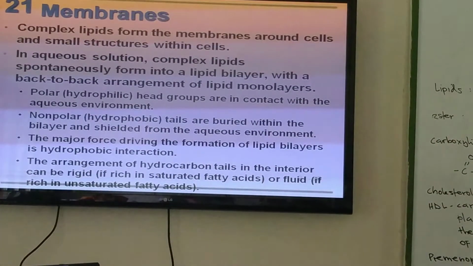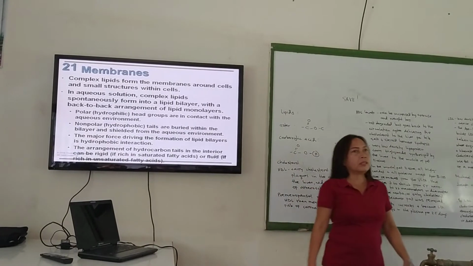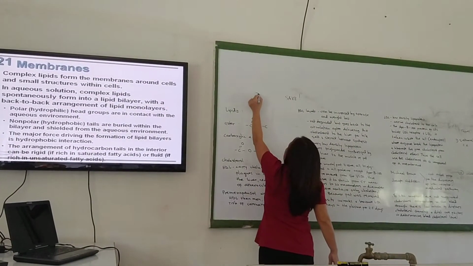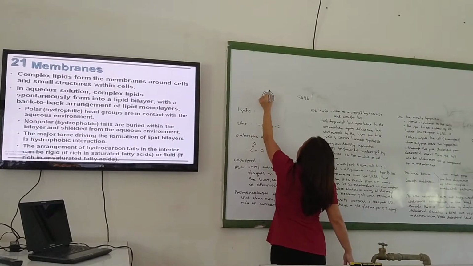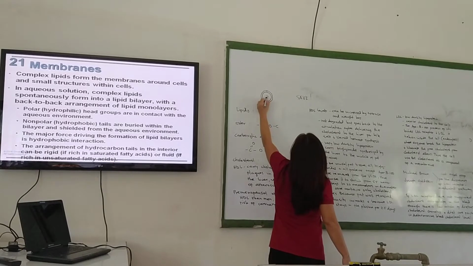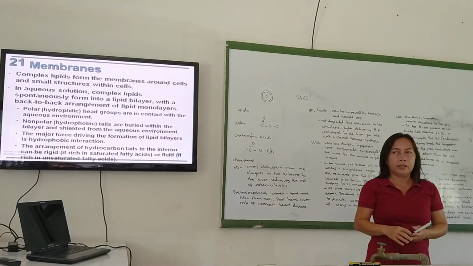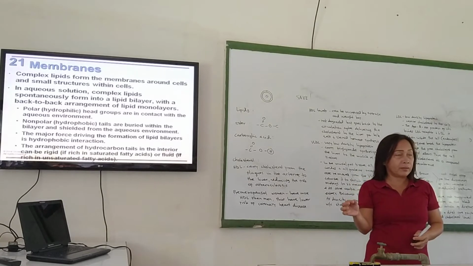Now in the membranes, where can you find the membrane? Say this is our cell. This is our membrane. This is the nucleus. Say, for example, in an egg, you remove the shell. You could see a cellophane-like structure. We call that the cell or the plasma membrane.